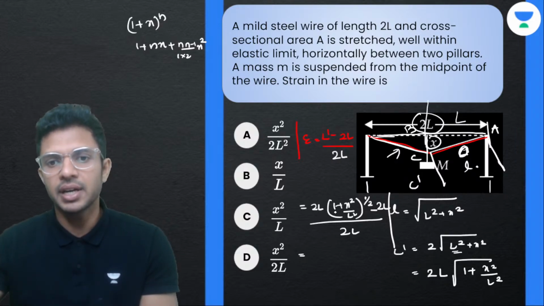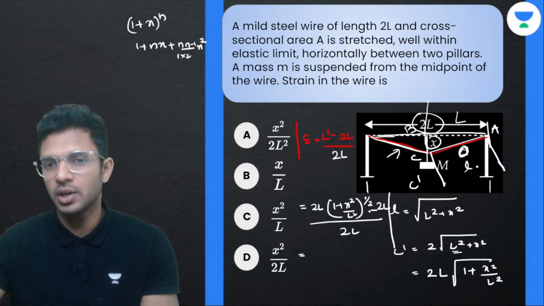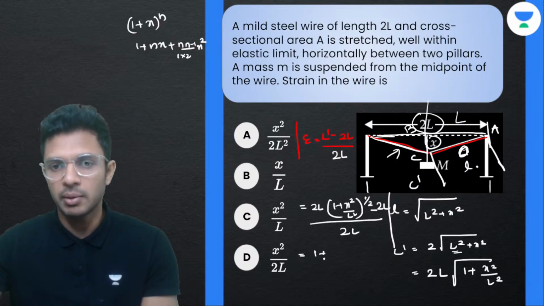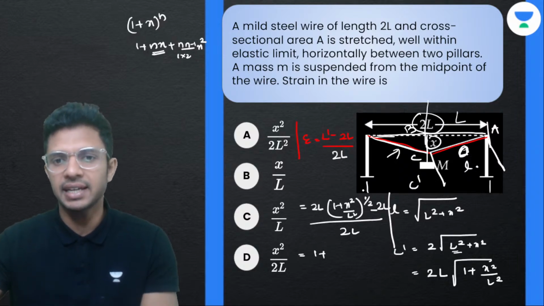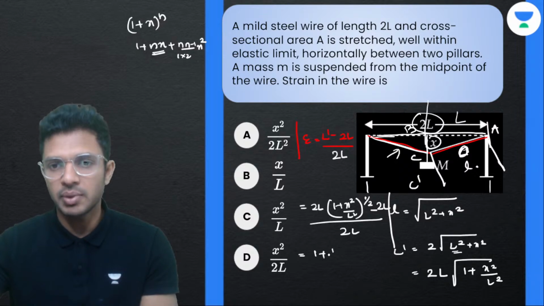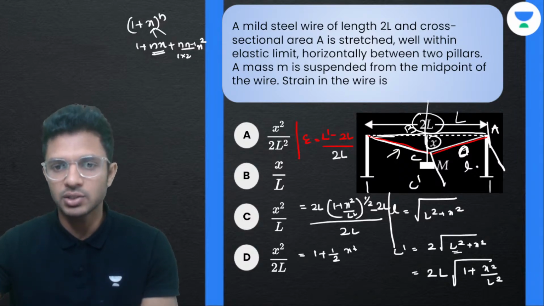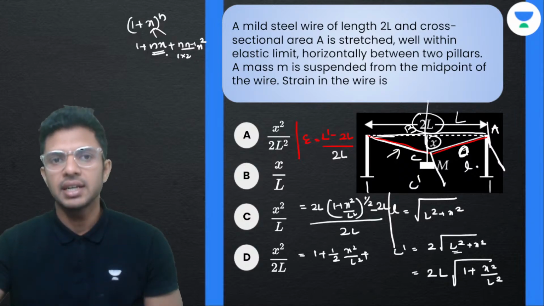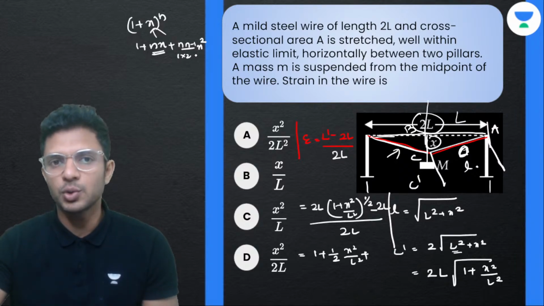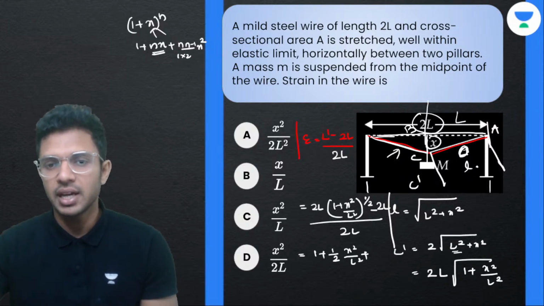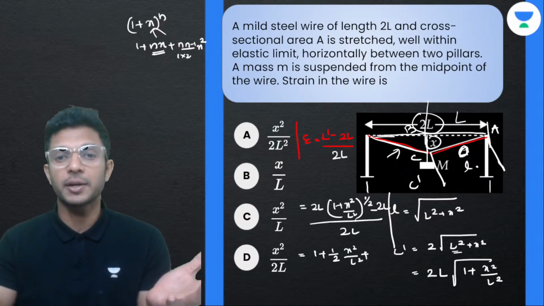Similarly, here if you have 1 plus X square by L square the whole raised to half, it will be 1 plus, the second term is NX. N is half here, so that will be half, and instead of X we have X square by L square, plus then N into N minus 1 by 1 into 2 into X square, where here we have X square by L square the whole square.